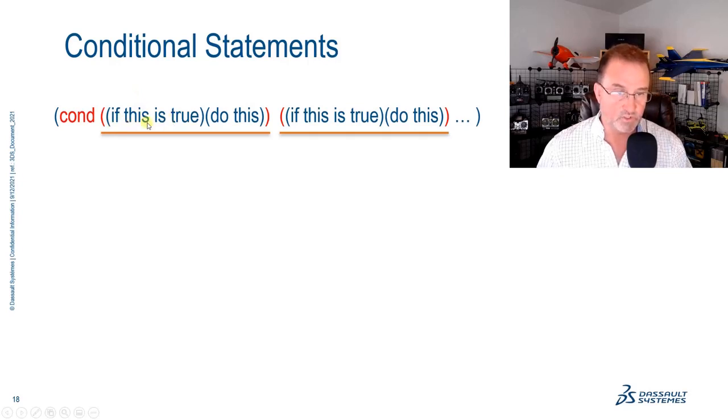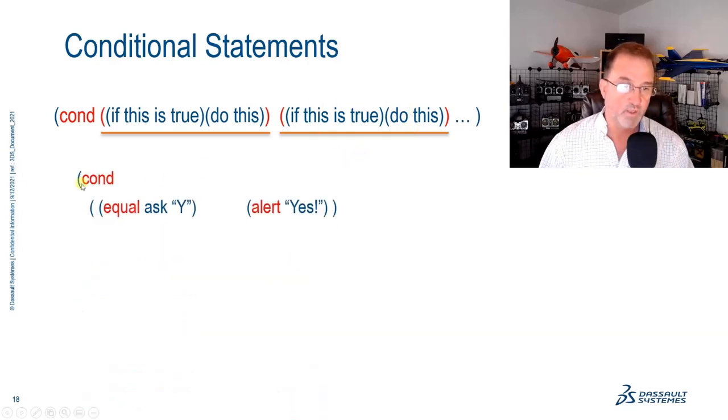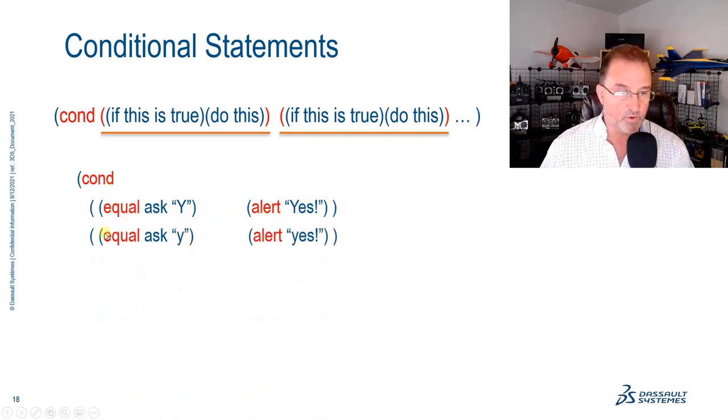First is, if this is true, do this in the list. The next list is, if this is true, do this. So what does that look like? Here, we start with cond, and then I create a list of two lists. The first item is, if the variable ask is equal to an uppercase Y, then let's alert with the yes. And then I can create another condition that says, okay, if it didn't match this, what is the next condition?